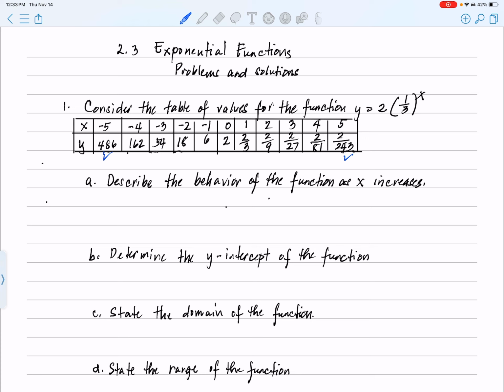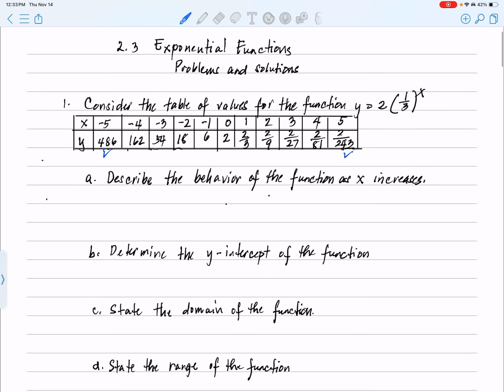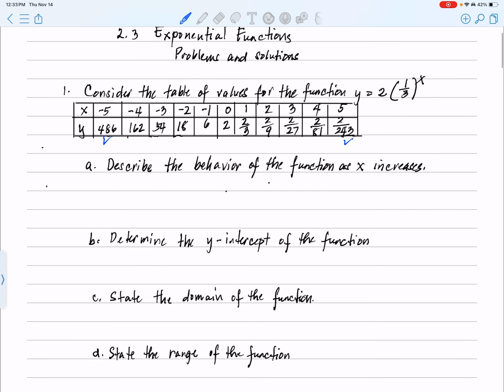Describe the behavior of the function as x increases. As x increases, we could say the function decreases, right?